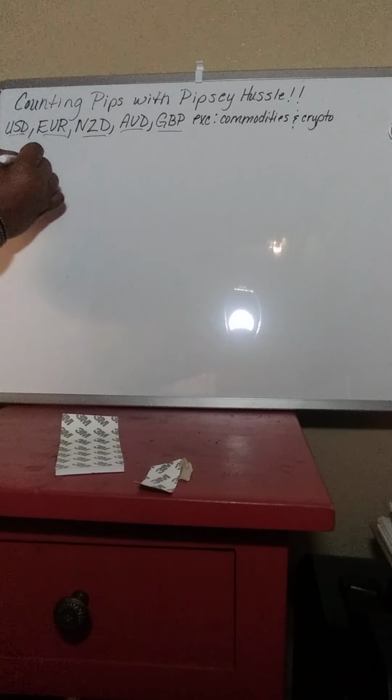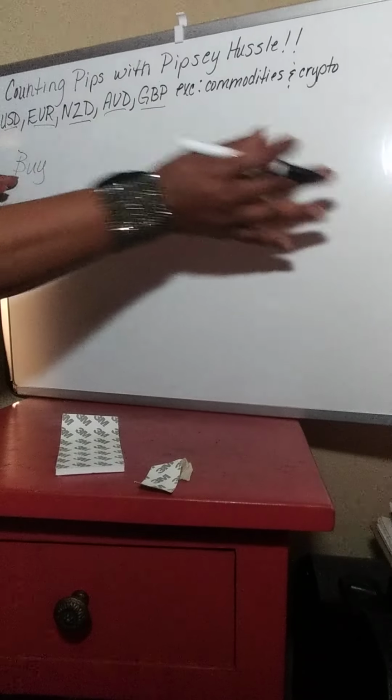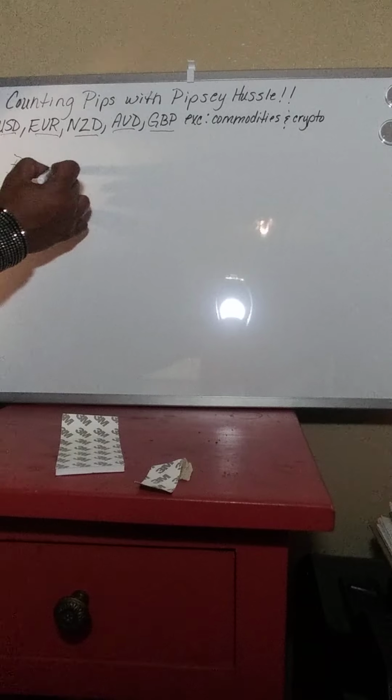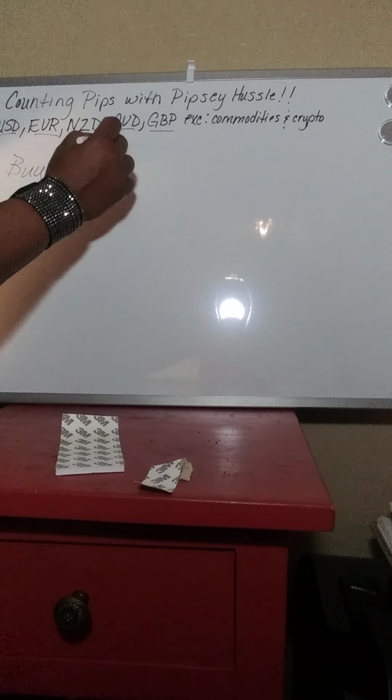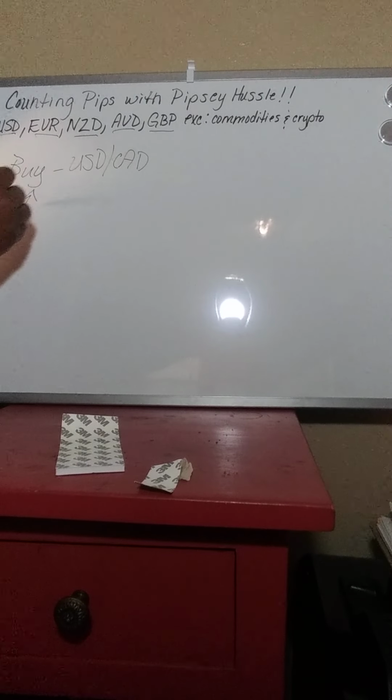Now, say for instance, you want to enter into what we call a buy. We're going to enter into a buy on USD CAD, right? And a buy is where you want the market to go up.